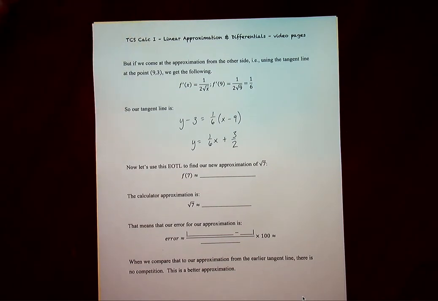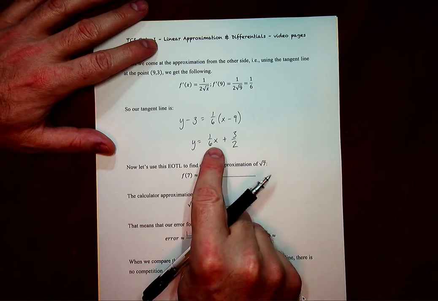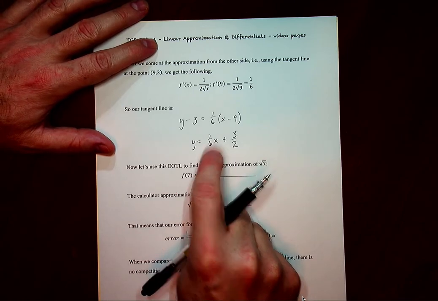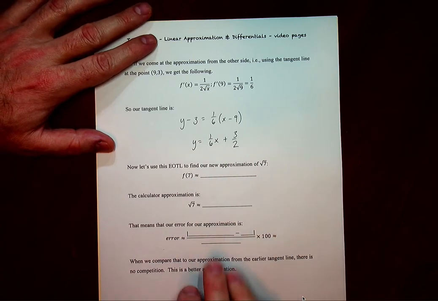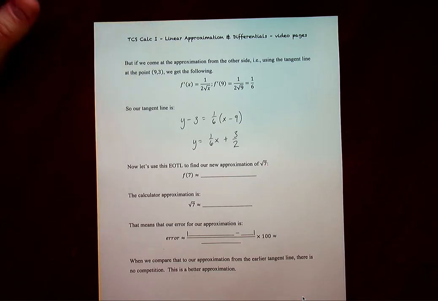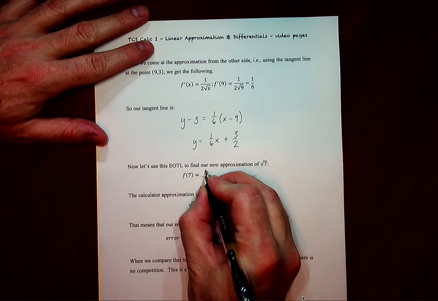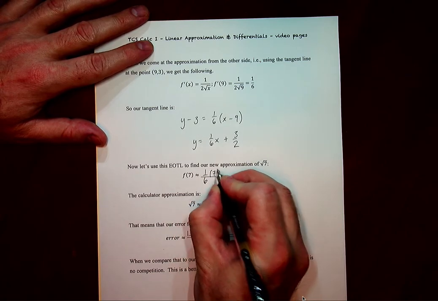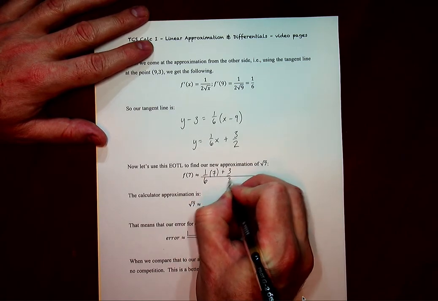So let's go ahead and plug in 7 into this equation for this tangent line and see how good of an approximation it is coming from the equation of the tangent line anchored at 9,3 instead of the equation of the tangent line anchored at 4,2. And what we find is we get 1/6 times 7 plus 3/2.